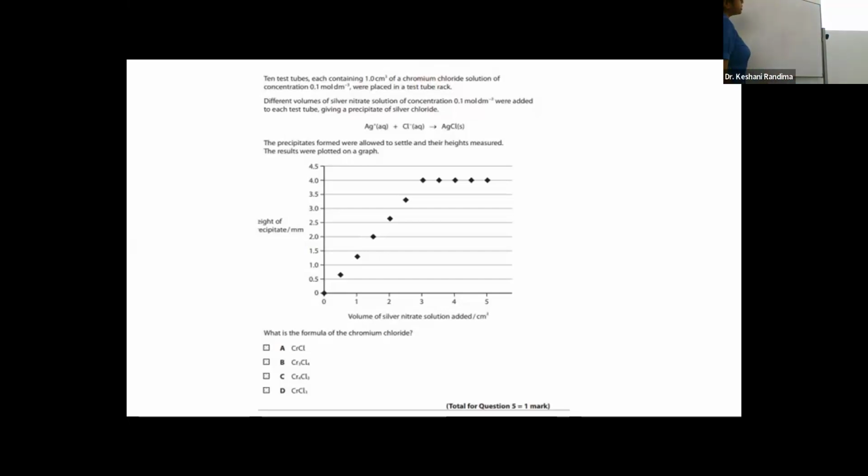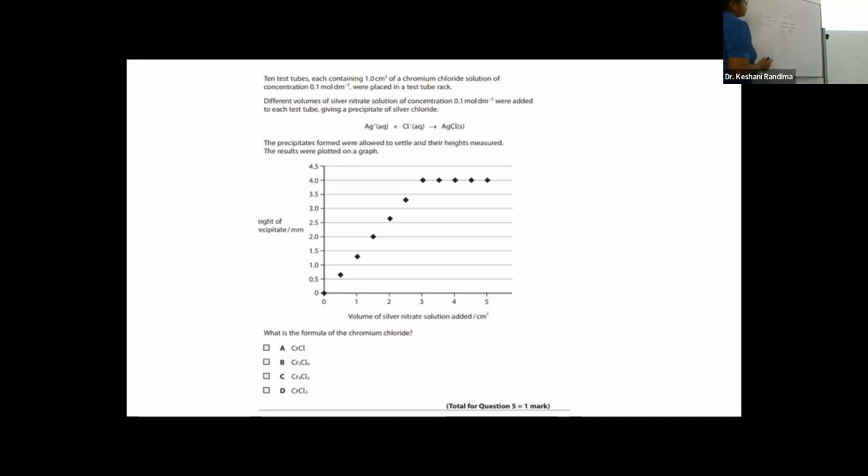So the chromium chloride, right? Chromium chloride solution, and the concentration is 0.1.